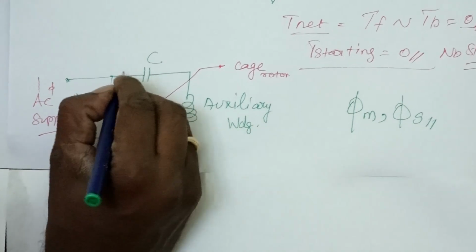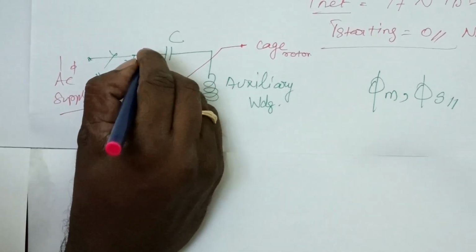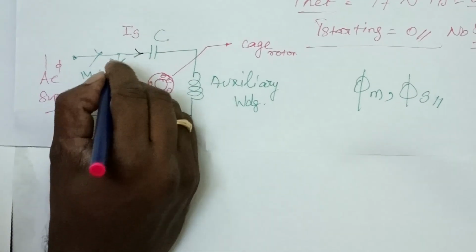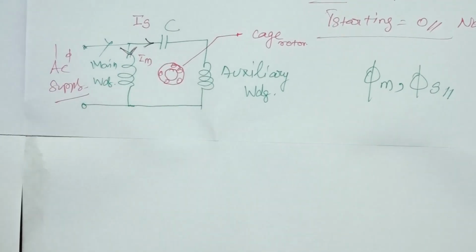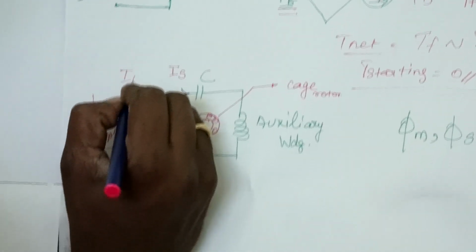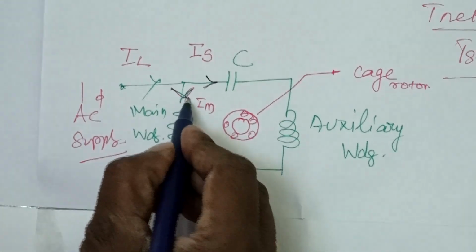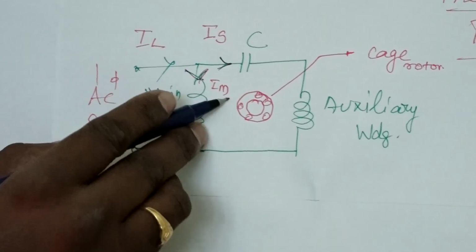If we apply Kirchhoff's current law here, the current in the starting winding is Is and the current in the main winding is Im. The vector sum of the two currents will be the line current.